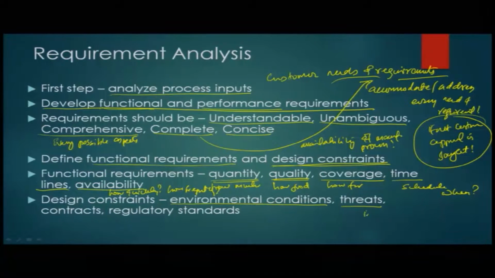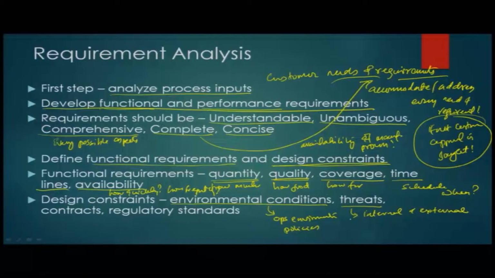Threats can be both internal and external. The environmental conditions, as I said earlier, can be the operating environments. It could be policies, many things like this. Threats can be internal and external because, for example, when we were developing the Tejas aircraft, one of the problems we faced was not being able to develop the engine, and the import restrictions on certain engines delayed the process.